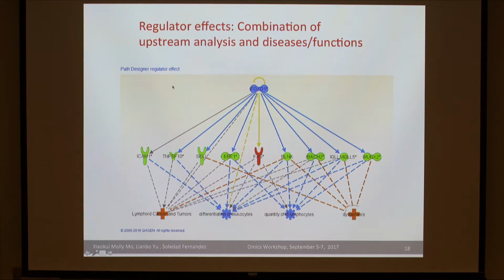That's Path Designer. They use different shapes for different molecules. Again, it's shown in the legend. I noticed a lot of PIs like to use the Path Designer in the IPA to make the figure for their grant application. Because when you do a grant application, figures are very important. They are eye-catching, so they like to use this one.